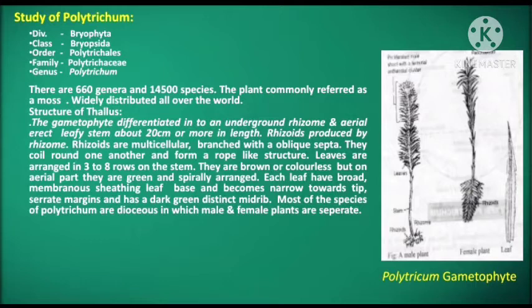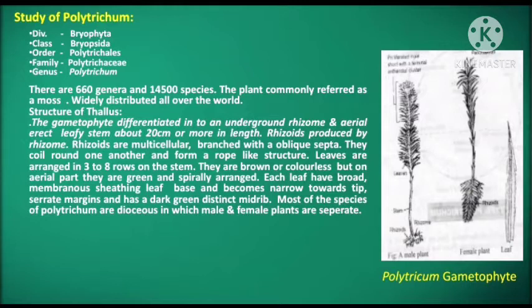There are about 660 genera and 14,500 species. The plant we see is a gametophyte, and the bryophytes of class Bryopsida are commonly referred to as mosses. They are widely distributed, or cosmopolitan in distribution.